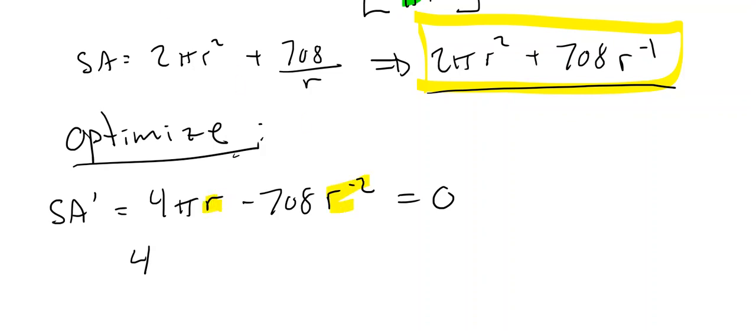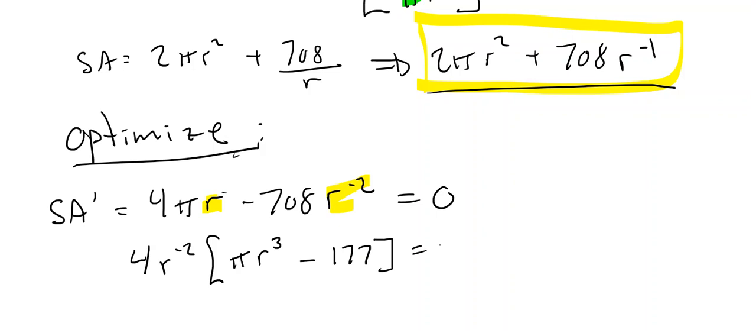We're going to take out the lowest power of r, which is the negative 2. And then what I'm left with is pi and r to some power. Well, this power added to this has to be equal to this. So this has to be 3. 3 plus a negative 2 is 1. And 708 divided by 4 is 177. And we took out the r to the negative 2.